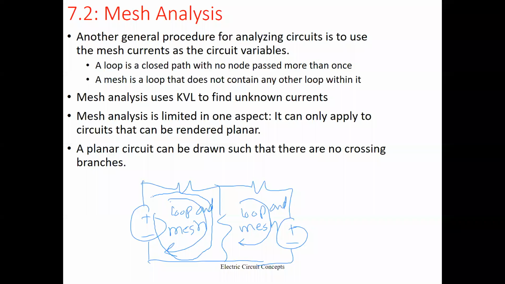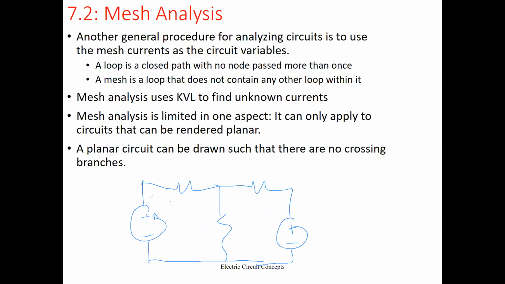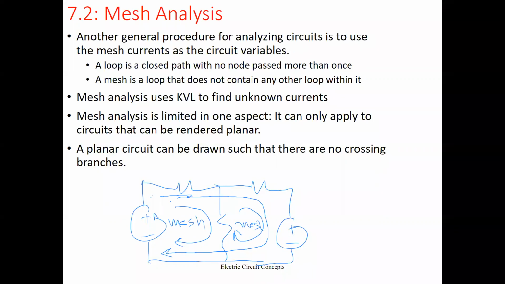See here, it doesn't intersect this line here. While the loop could intersect an element such as this one. So here is a mesh, here is a mesh, and a loop. So every mesh is a loop, but not every loop is a mesh.